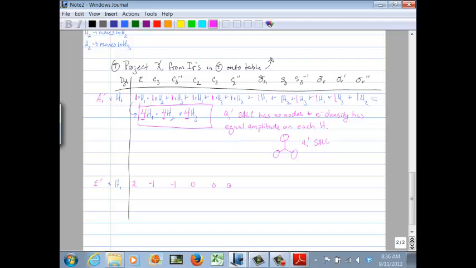Sigma H is a 2, I believe. Yeah. S3 is a -1. And the 3 different sigma V's get a 0. And now I'm going to multiply that by the table above. And then we have to add them up, see what we get. How many H1s are there?